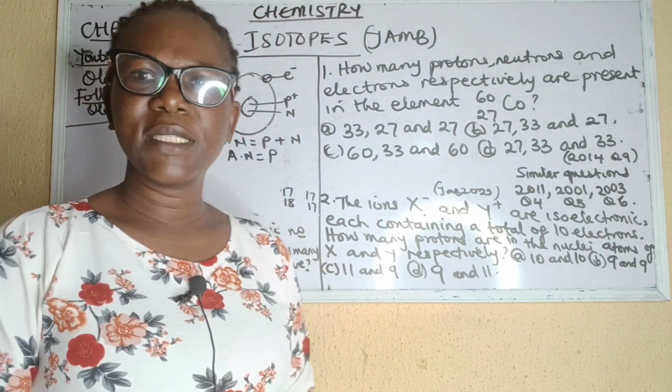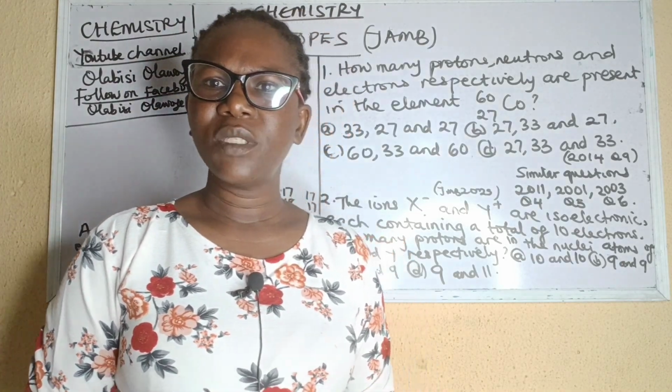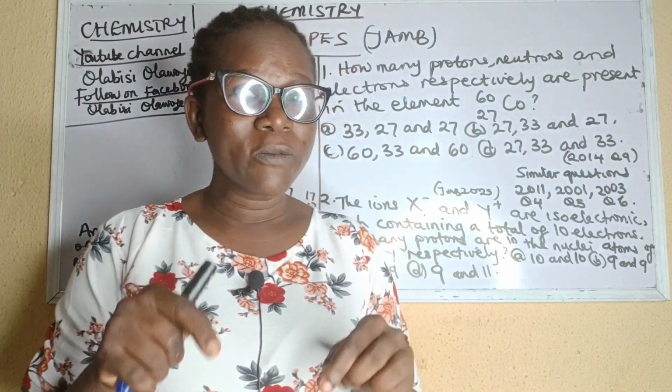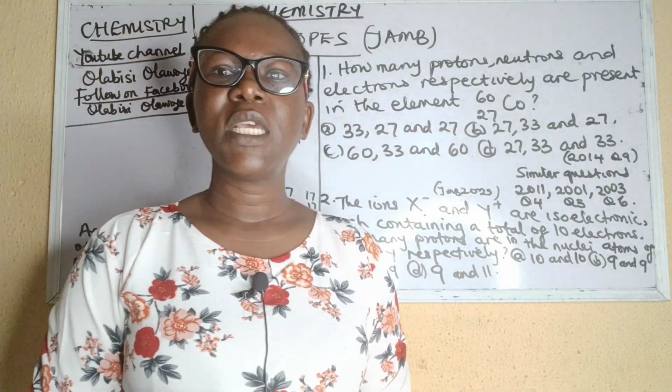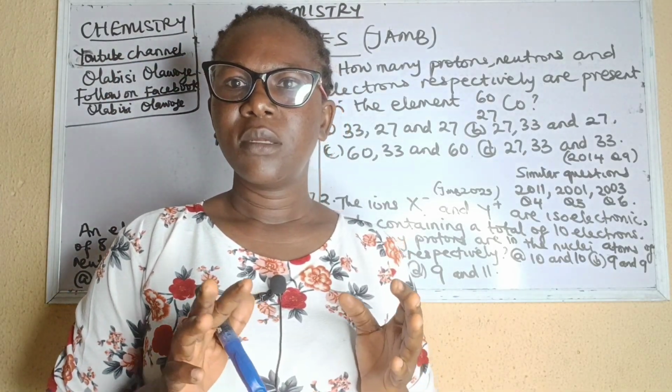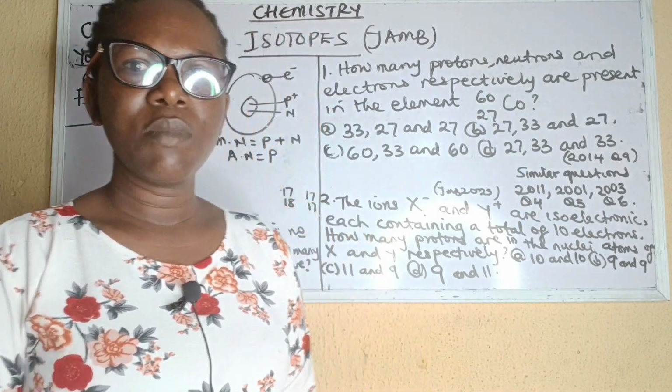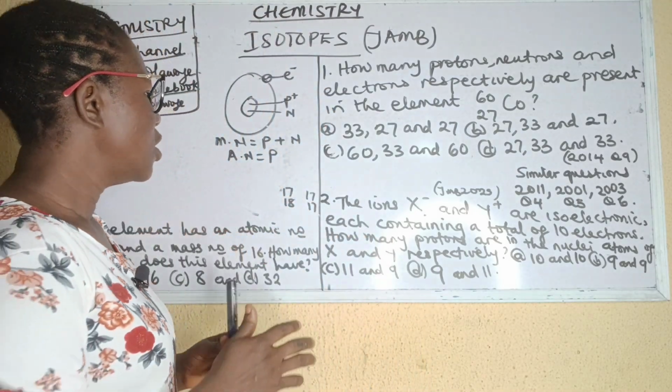You can see that the number of neutrons has differed, and that results in isotopy, which is a phenomenon whereby different atoms of the same element have different mass numbers but the same atomic number due to differences in their number of neutrons.